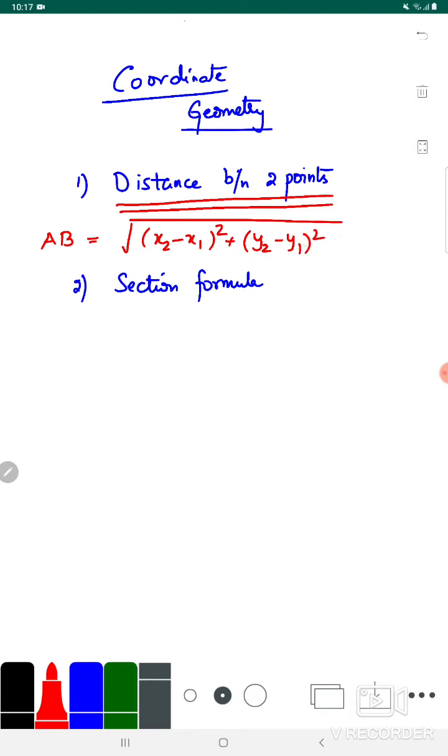Also, we are going to learn about the section formula. Section formula is something like this. You will be given a line segment AB and there is a point P on the line segment AB such that it divides AB in the ratio of m1 is to m2, and you are supposed to find the coordinates of point P, that is x comma y.